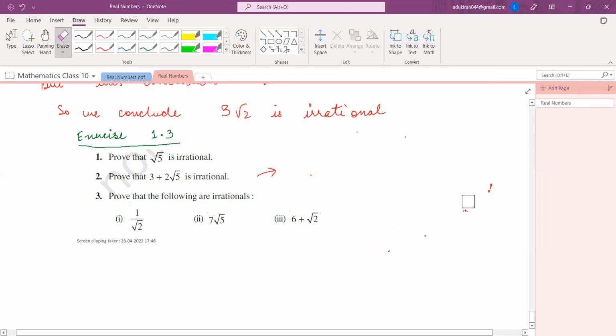Third one, let us do the third one. Third question. Now prove 1 upon root 2 is irrational. Let's do this one first. So same thing, let us assume 1 upon root 2 is rational.